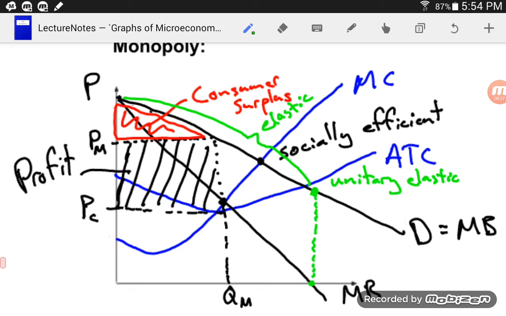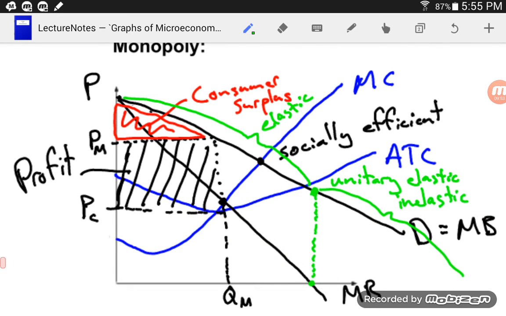And then from this point on, oh, that was horrible. Let me try that again. From this point on, all the way down the rest of that demand curve, that would be inelastic demand. Because from this point on, if I lower my price in order to sell more, I'm actually lowering my total revenue because my marginal revenue is negative.